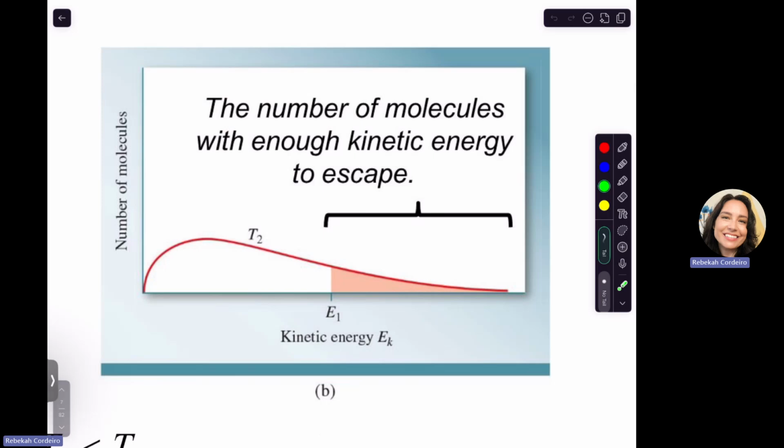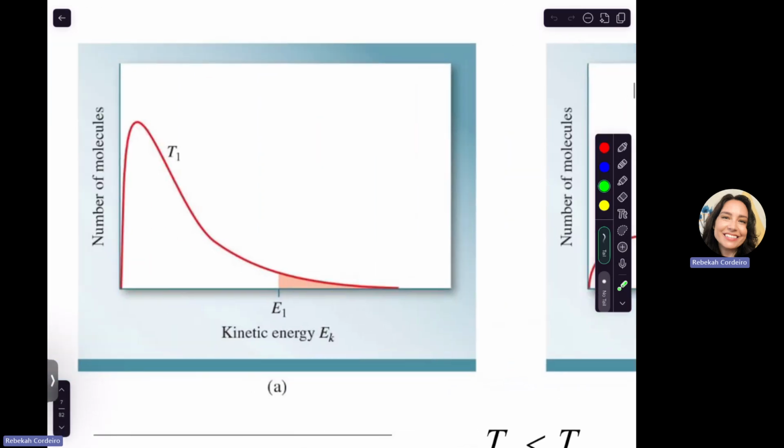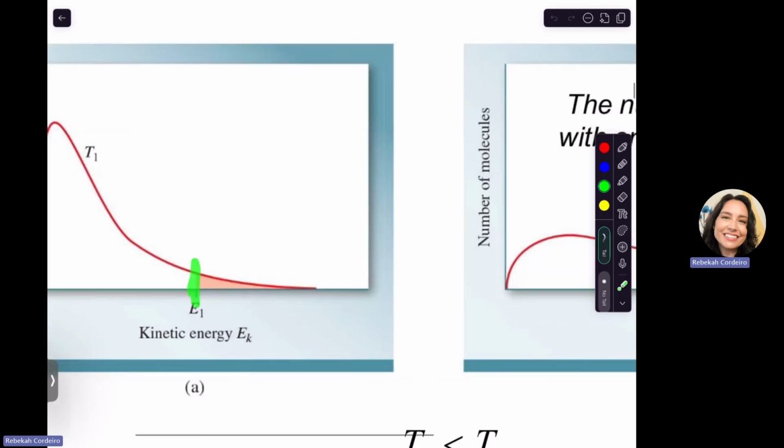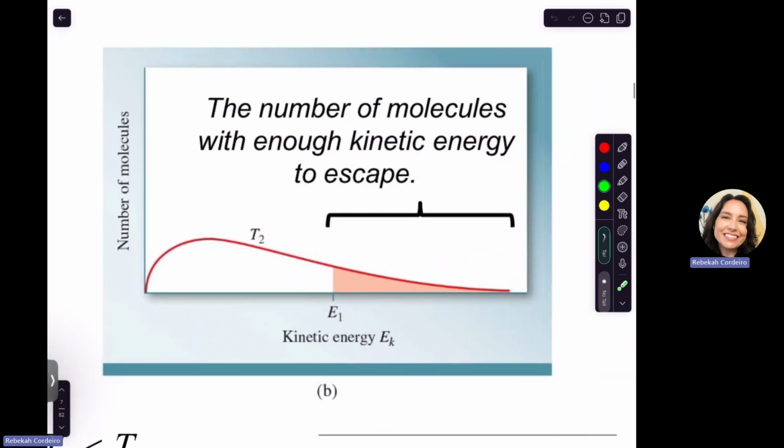So let's say we have a lower temperature, so more particles have a lower kinetic energy. The number of particles that can escape as a gas is smaller. Let's say this is the energy you need to escape as a gas. If you increase the temperature, most of the particles are at a little bit higher kinetic energy, but we're spreading out the number of particles, and more of them are now going to have energy to escape.